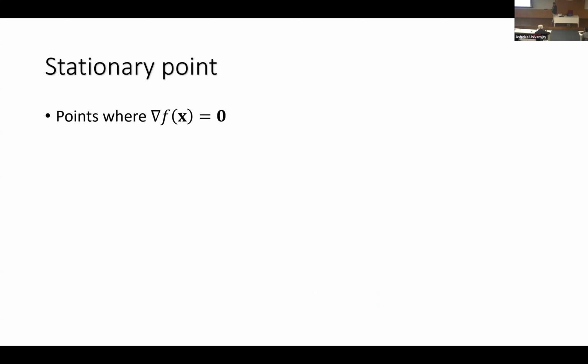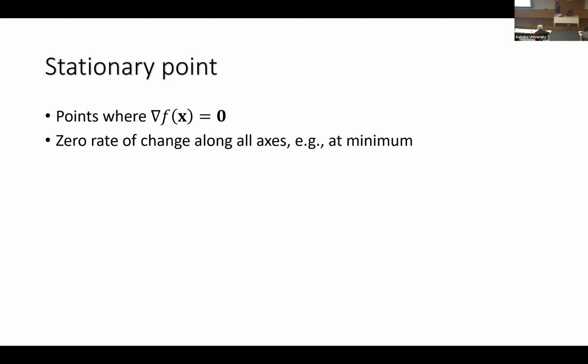Now, coming back to our stationary point definition, which we were seeing in one dimension. In the general case, a stationary point is defined as any point where the gradient is 0. So for any differentiable function, the stationary point is a point where the gradient is 0, so 0 rate of change along all the axes.